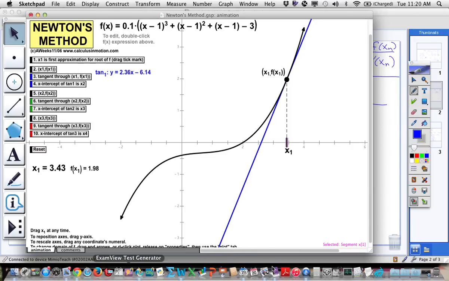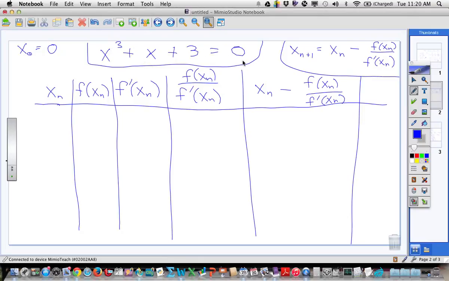That's what we're trying to solve: where does this curve cross 0. And any equation in the world can be made into something equals 0. All right, so we're going to put a 0 here.